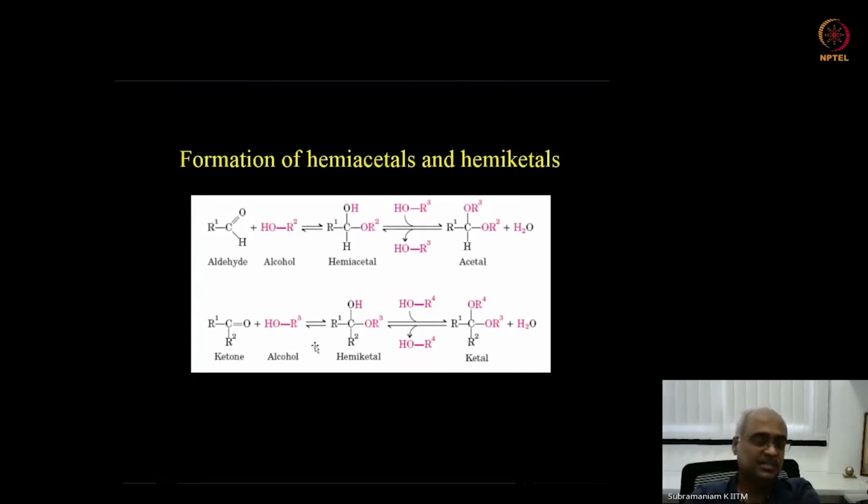Similarly, a ketone with an alcohol can form a hemiketal, and a ketal when it reacts with the hydroxyl group from another sugar molecule. So this reaction is very critical because this is the basis for the ring structure formation.